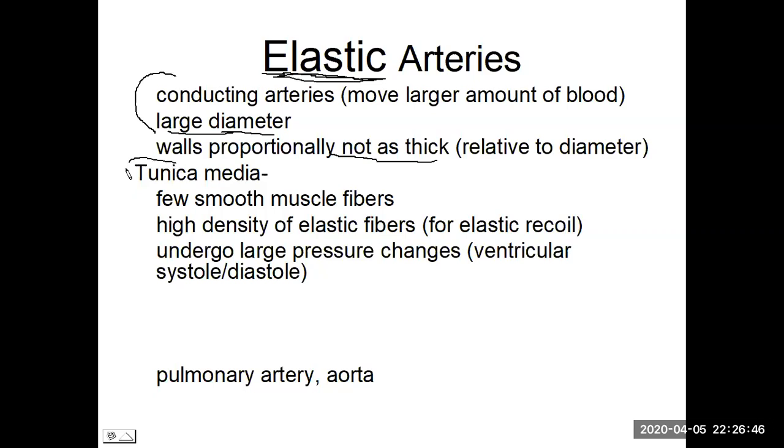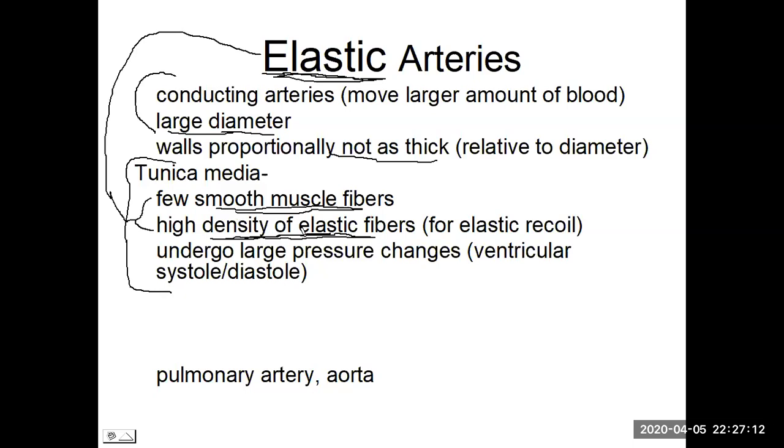And specifically, getting to the name elastic artery, in their tunica media there's both smooth muscle and elastic fibers. And the name, of course, now really makes sense. There's a higher percentage of elastic fibers in that tunica media. And to allow for that, there's a decreased amount of smooth muscle tissue.